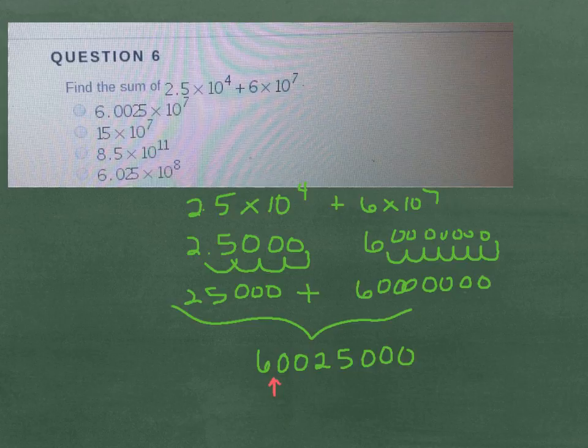The correct answer is times 10 to the, and the decimal has to move how many times? 1, 2, 3, 4, 5, 6, 7 times. So that would be answer choice number 1.